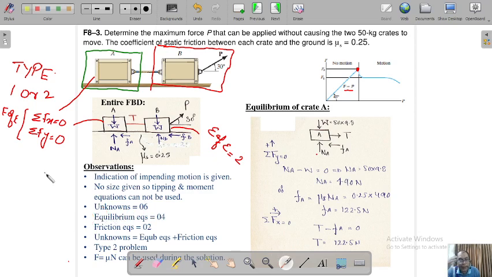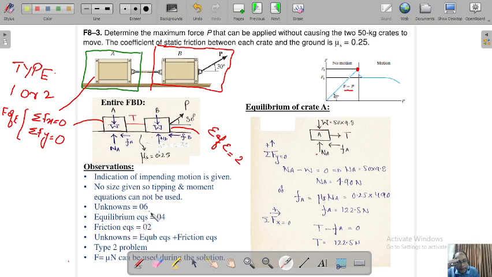Now, if you have 4 equations of equilibrium here, how many friction equations can you apply? One friction equation can be applied here, and one can be applied here. So friction equations are 2.